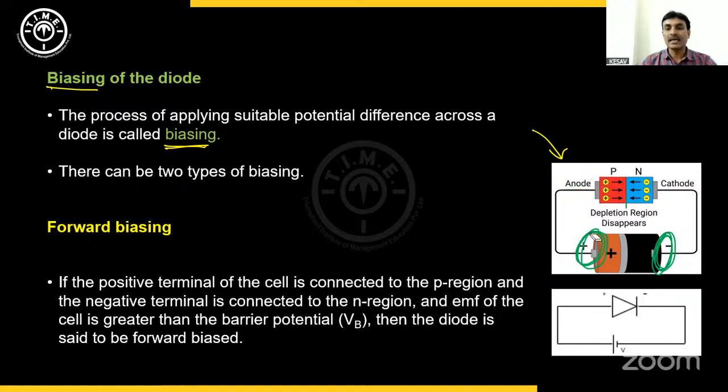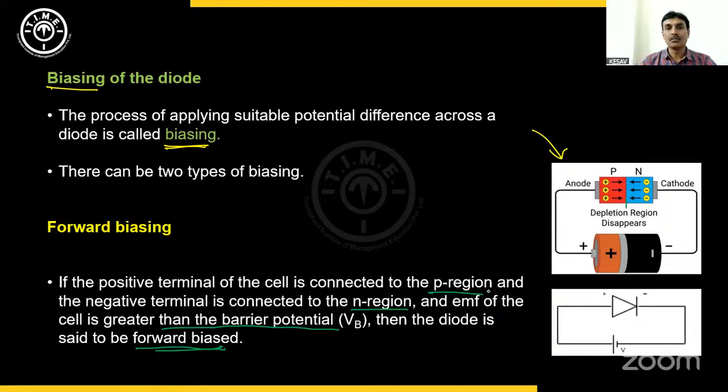Such a connection is called forward bias. If the positive terminal of the cell is connected to the P region and the negative terminal to the N region, and the EMF of the cell is greater than the barrier potential, then the diode is said to be in forward bias mode.